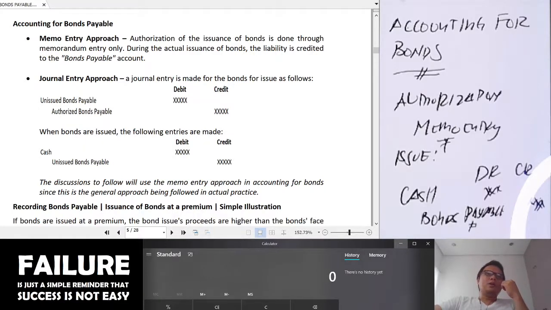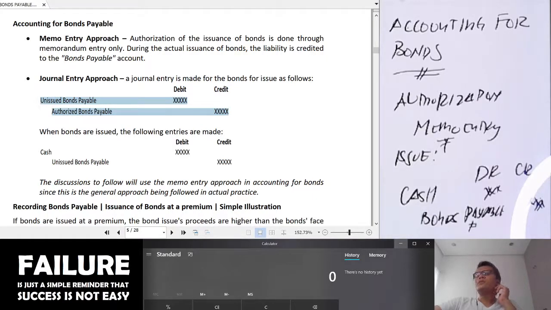Under the journal approach, the concept is the same. However, the credit would go to unissued bonds payable. Then we should recognize the entry for the authorization.